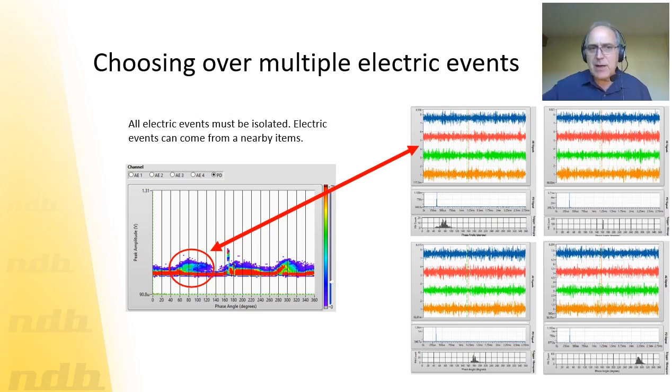So I set the trigger on the first bumpy thing, the suspicious event over here, and I obtained this signature. Nothing. The waveform was totally noisy.